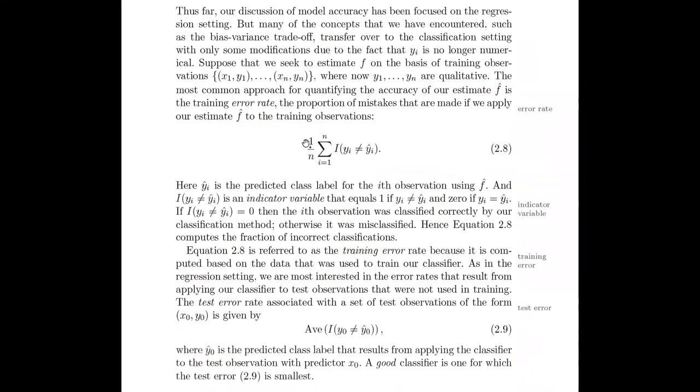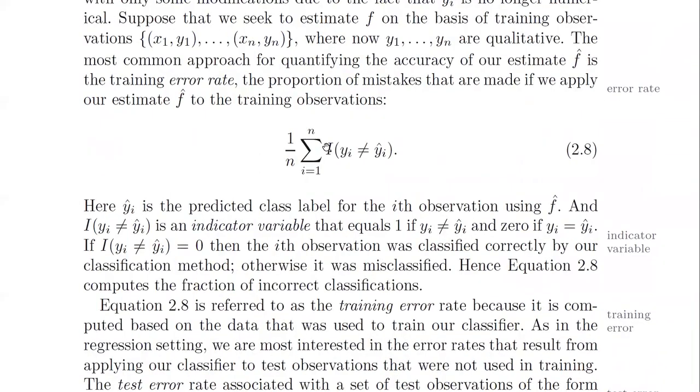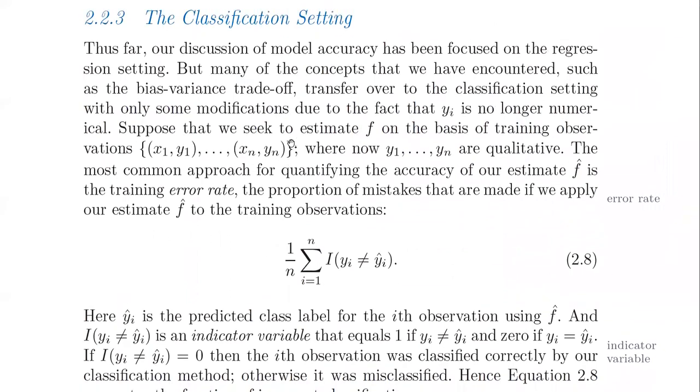I think the same kind of principles, but instead of regression, remember what regression is. When you're predicting a specific output, you're predicting those y-hats. Instead, it's a classification question.